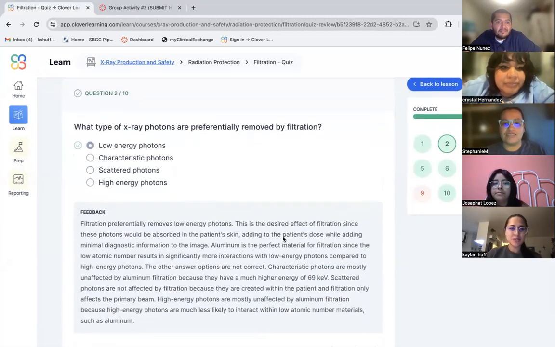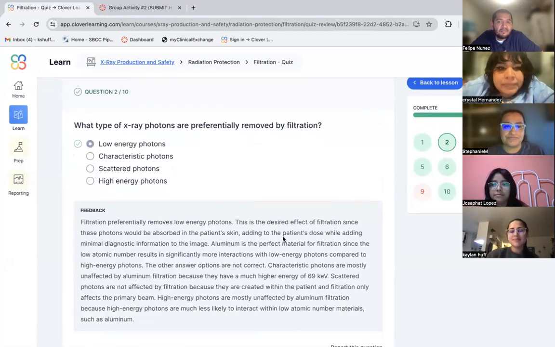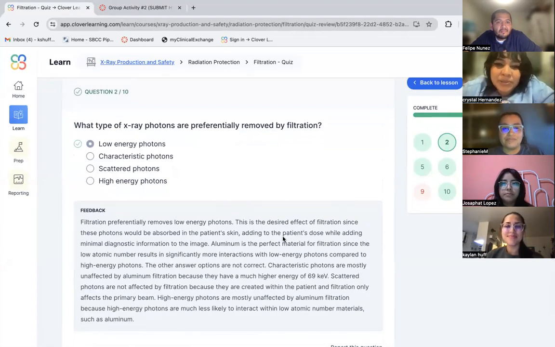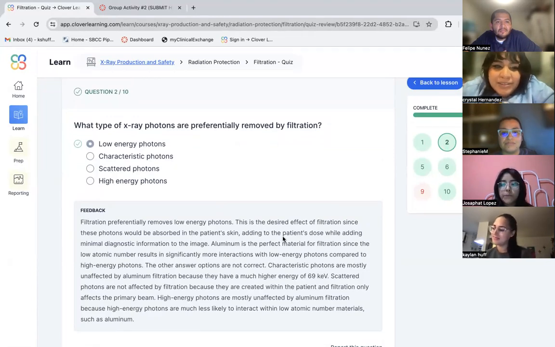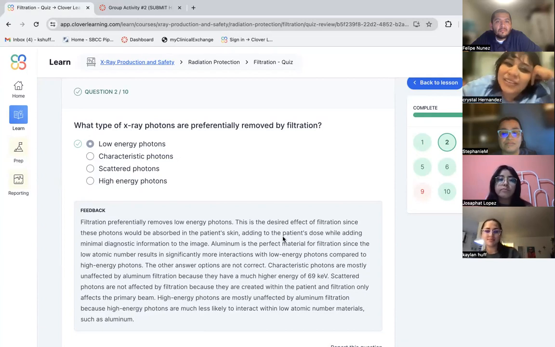Okay, number 2. For number 2, what type of X-ray photons are virtually removed by filtration? It's the low energy photons. So like what we learned in the past, filtration just removes the low energy photons so that the strongest photons get to the patient.